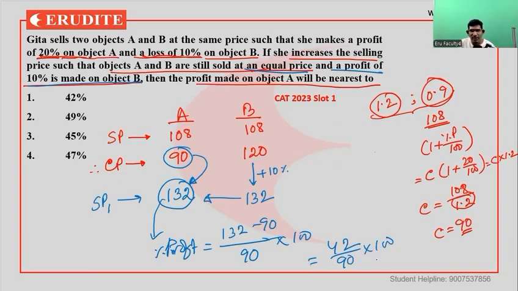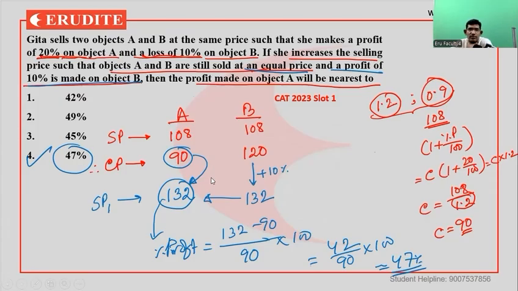You can straight away apply the calculator, which gives you about 47%. That's all. These questions could be clumsy, but if you take the proper number for the sales price initially, the question becomes very simple. That's a trick we can use in this question.